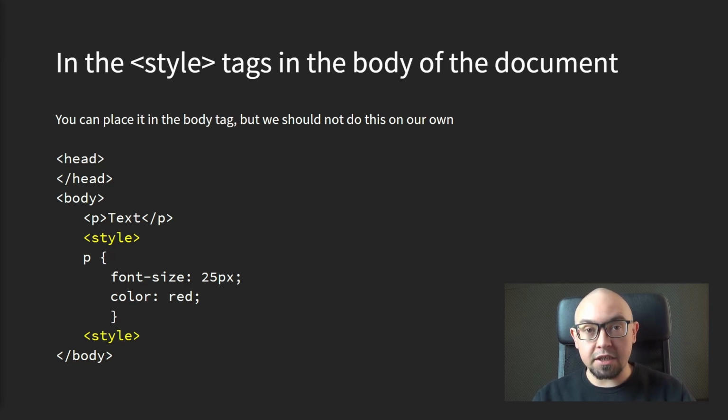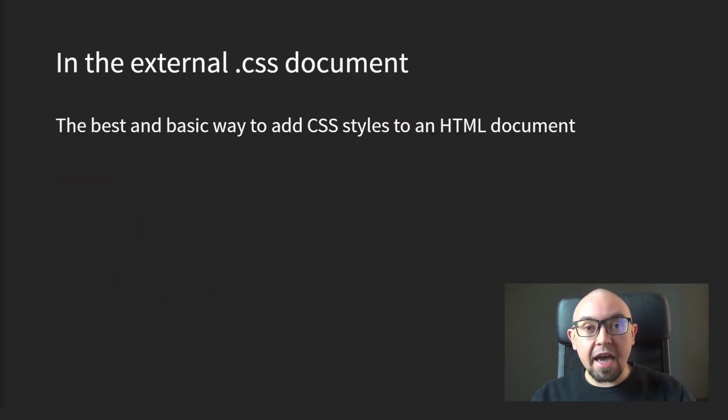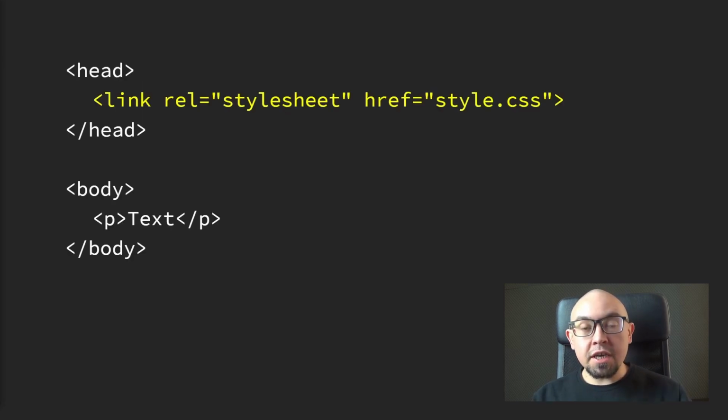recognize them correctly. The third and the best way to add CSS styles to our HTML document is to put them in the external file. This file can be named anyhow, but it must have a CSS extension. To import the external CSS file to our HTML file, we need to use the link tag with the rel attribute with the stylesheet value and the href attribute containing the path to our CSS file.